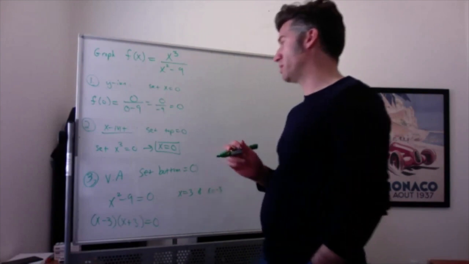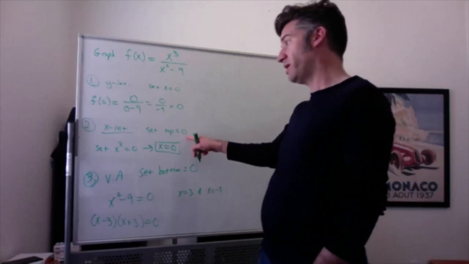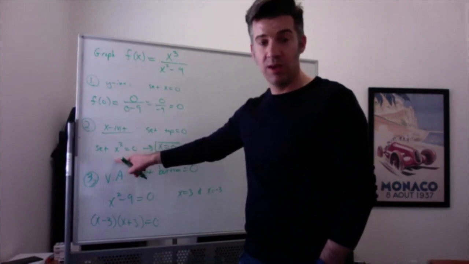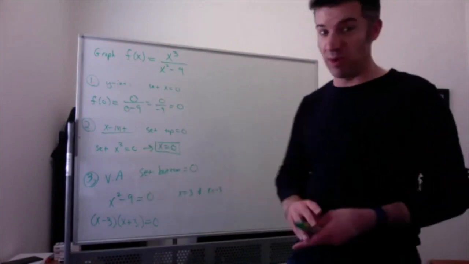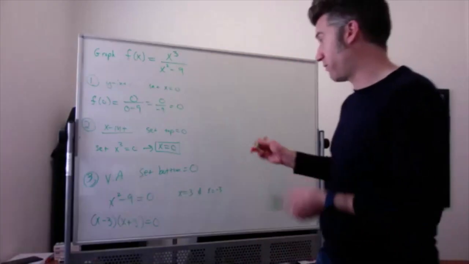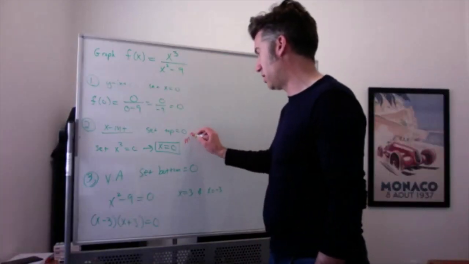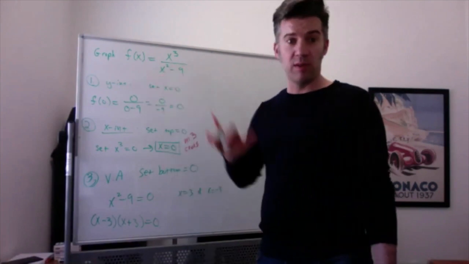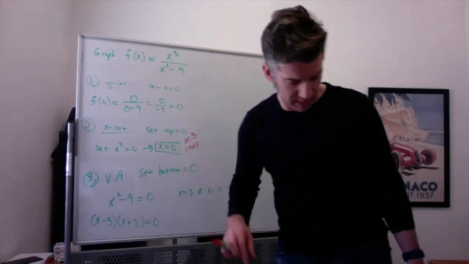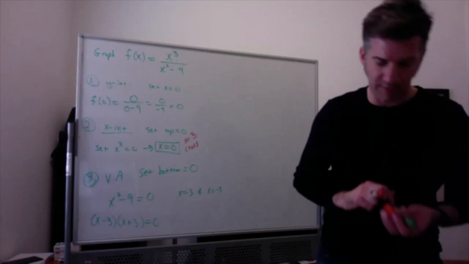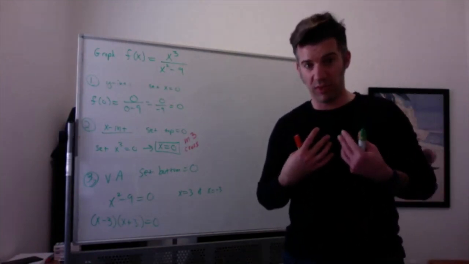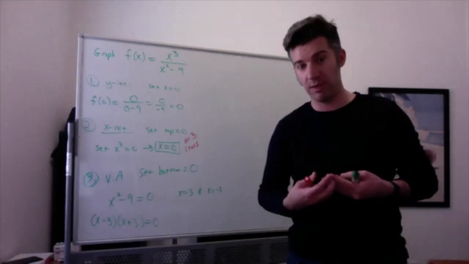But I actually want to point something out. And actually, I forgot to say this also. So our x-intercept came from setting x cubed equal to 0. That's going to have a multiplicity of 3. Which means for our x-intercept, since it has an odd multiplicity, we're going to cross from either above to below or below to above the x-axis. Well, here's the thing. Vertical asymptotes have the same sort of thing being true about them.